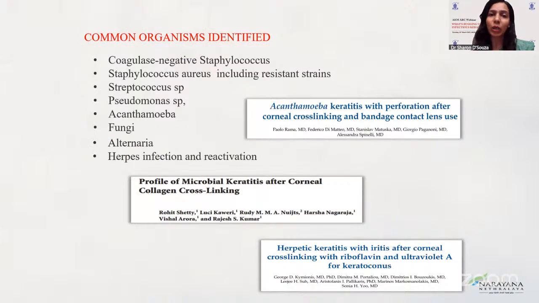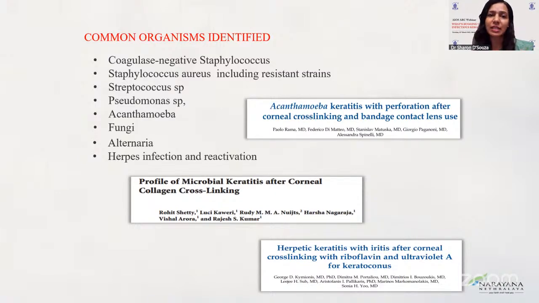Now, what are the common organisms that have been identified in these cases of infective keratitis post cross-linking? The most common is Staphylococcus, and that could be due to the fact that it is one of the normal, very common bacteria found on our ocular surface, even in normal conditions. And when there's an altered state, all the factors that we talked about sort of flare up.